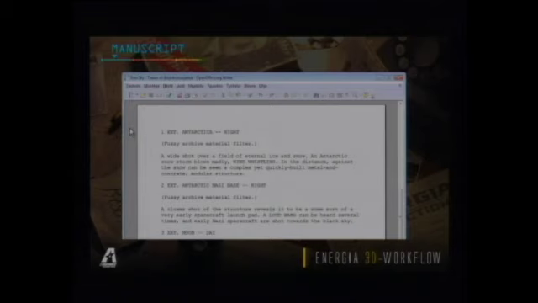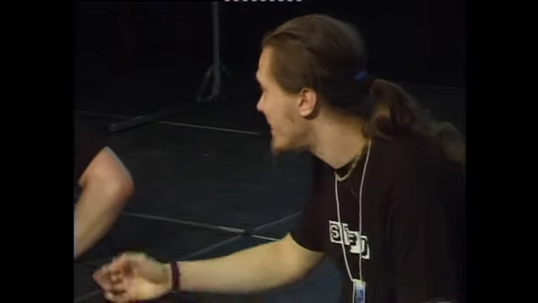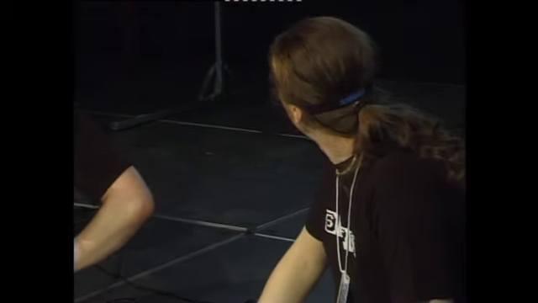Okay, let's move on. The manuscript, of course, this is actually a stupid picture. But anyway, this is a screenshot of our manuscript. Of course, an important phase of the production. Written by Timo, his first script. So this is what's going to happen in word form, naturally.